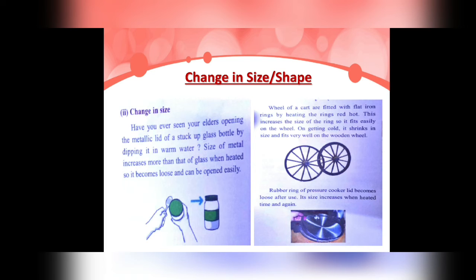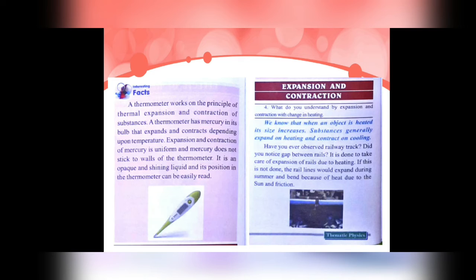Right? In the same way, the rubber ring of a pressure cooker lid becomes loose after use. Its size increases when heated time and again. In your houses also, your mothers are using pressure cookers. Once your mother is cooking something in the pressure cooker, the lid is hot, and you can see that the rubber on the lid is loose.